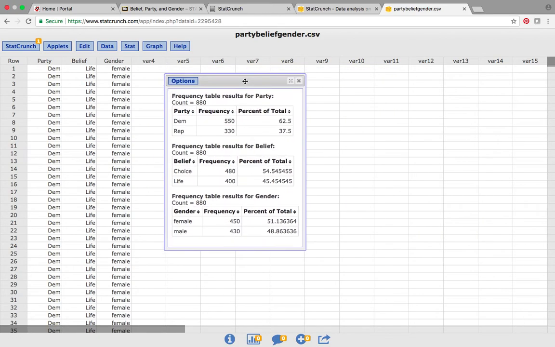So when I get that very quickly, not only do I see that I have 550 Democrats and 330 Republicans, the belief, whether people are pro-choice or pro-life, is almost 50-50. 54.5% are pro-choice, 45.5% are pro-life. We can come down now and see that 450 are female, so that's 51.1%, and 430 are male, which is 48.8%.